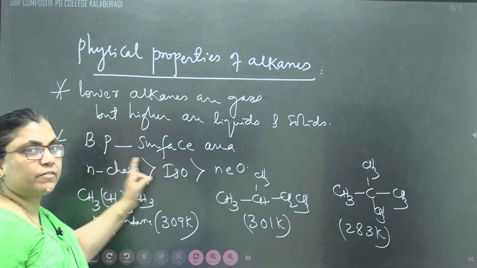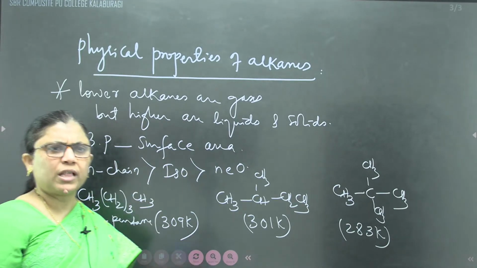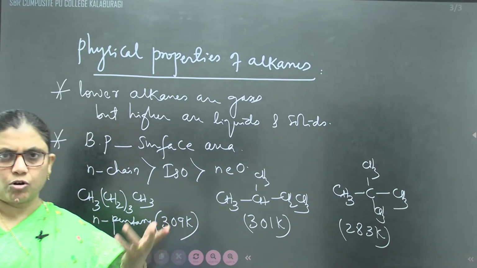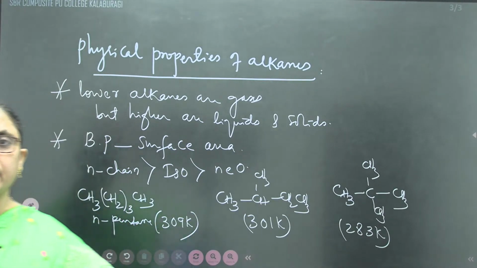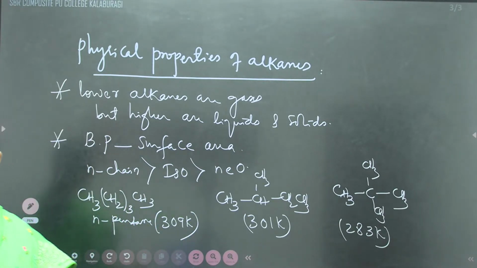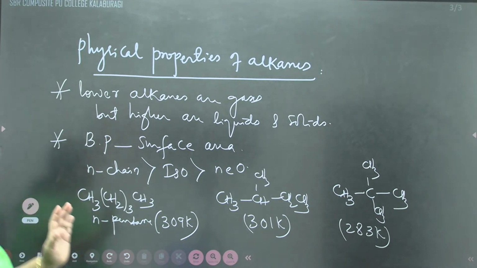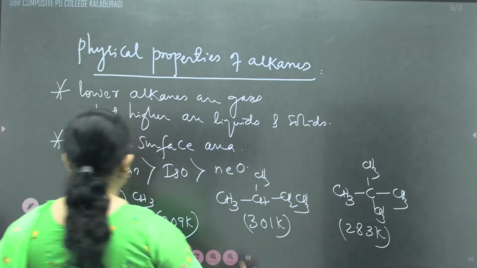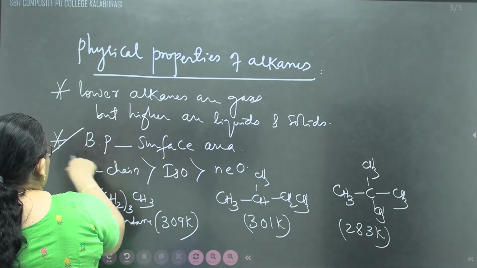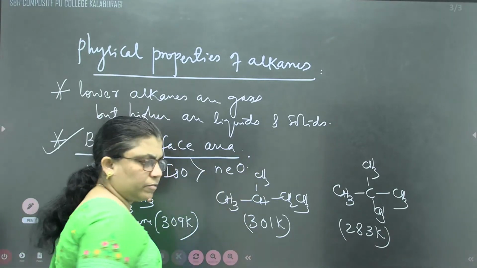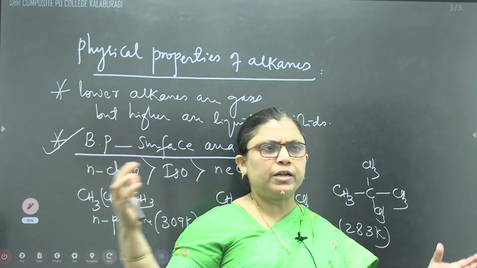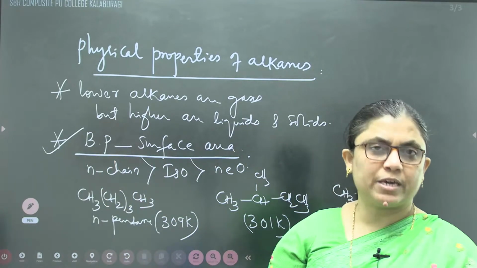Boiling point depends upon surface area, and all the hydrocarbons are non-polar in nature. It means that they are insoluble in water, but soluble in organic solvent. These are just the physical properties, but amongst them, this part is very important, children. Amongst the normal, iso, neo, completely branched, any of the molecules may be given to you.